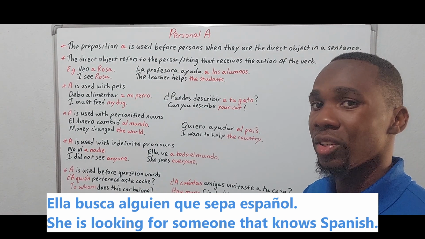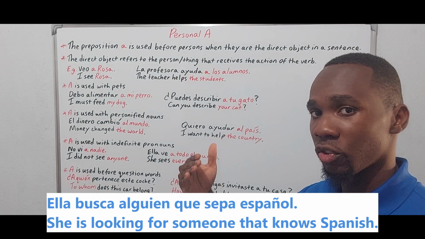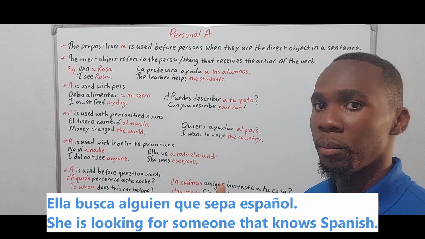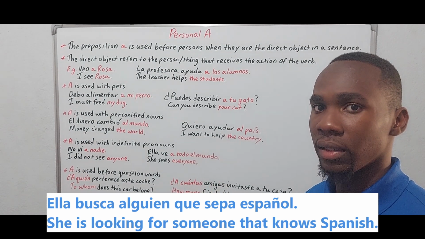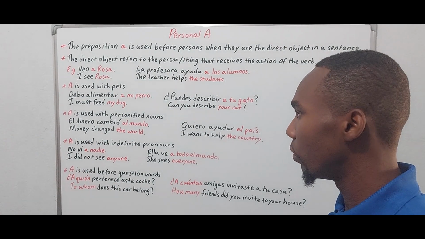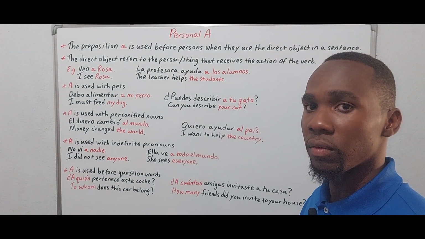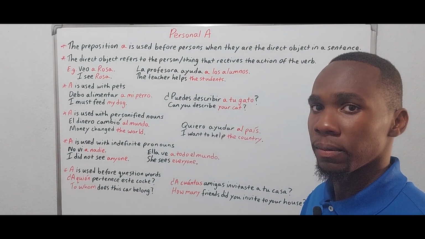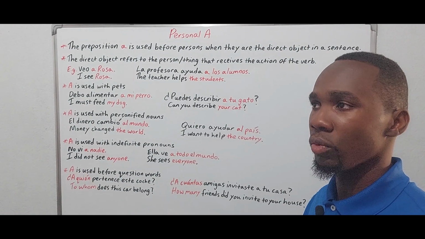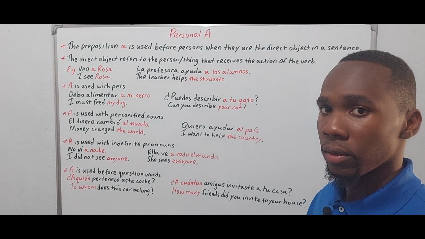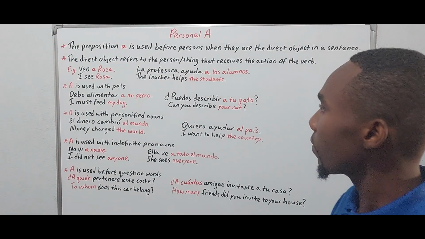You don't even know if that person exists. And this is also where you use the subjunctive at the end, sepa. Ella busca alguien que sepa español. So that's an exception to the rule. Then we use certain verbs, like necesitar and buscar, right? It's going to come down to whether the individual is specific or not, right?